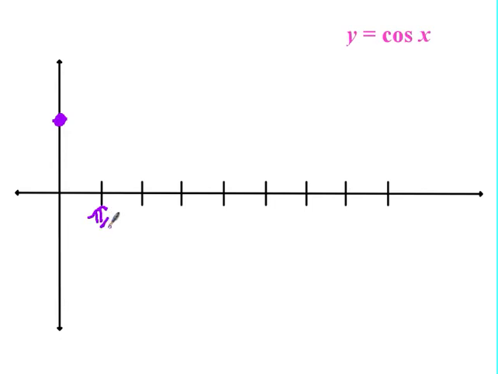So what do you think is going to happen here at pi over 2? What's the cosine of 90 or the cosine of pi over 2 going to be? Just for kicks, take a guess.